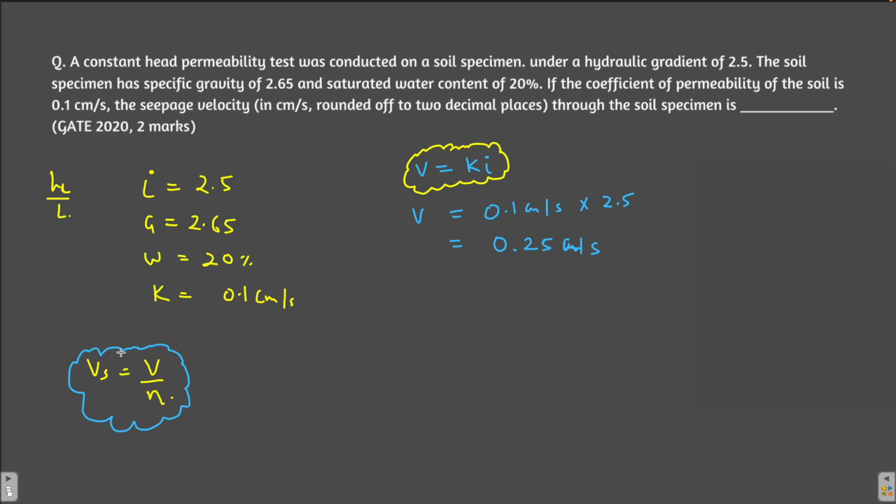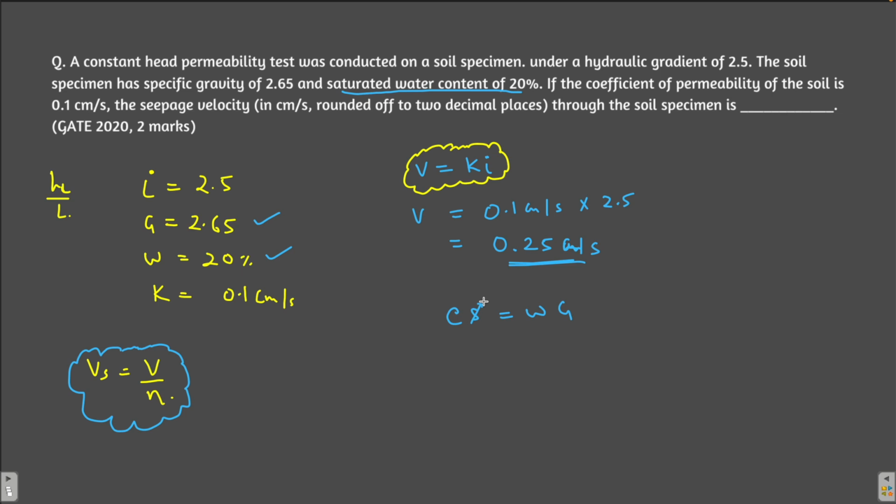This you should remember. So we have to find out what is porosity now. For finding out porosity, what is given to us? It is G and w that is given to us. So we know that Se = wG, right? It is given that the saturated water content is 20%. This means the soil is saturated. Okay. So degree of saturation is what?